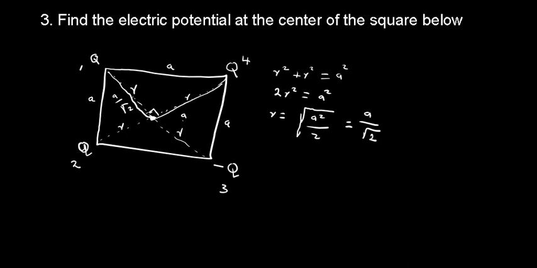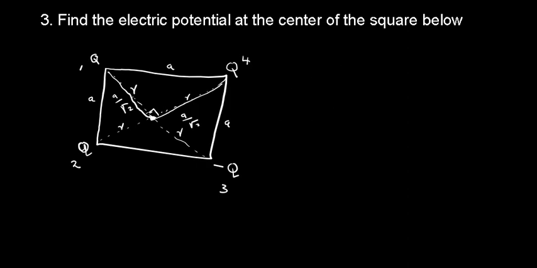Now understood. Okay. Now let us also look at the potential. So the total electric potential here is going to be V1 plus V2 plus V3 plus V4.